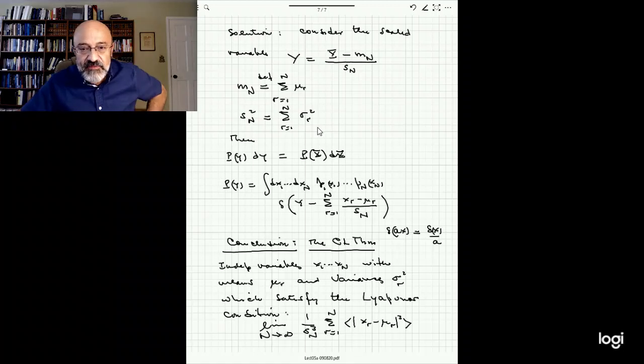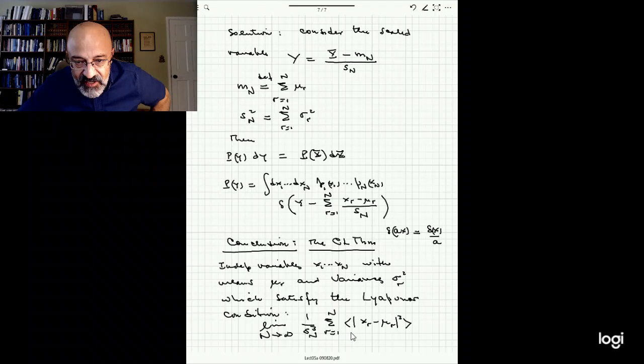So what we have here is the sum not of the deviations from the mean squared, but cubed. This is like a third moment, and we're dividing by the variances to the power 3.